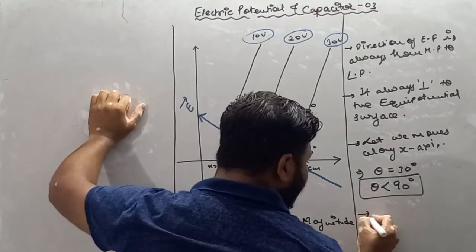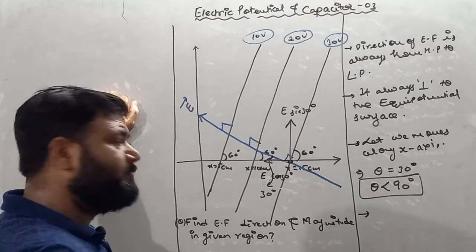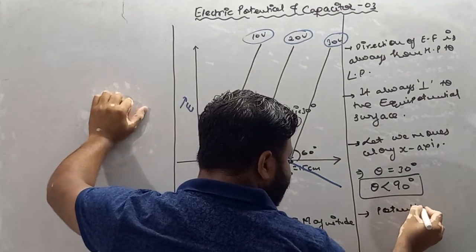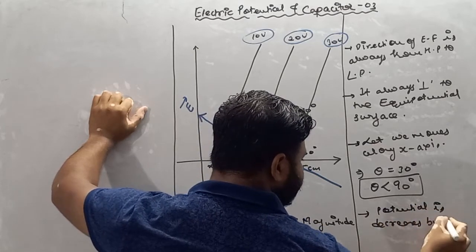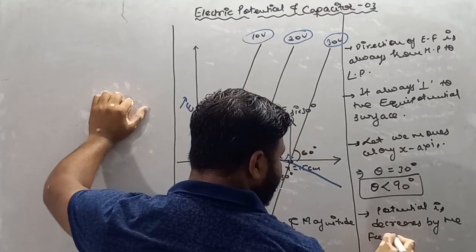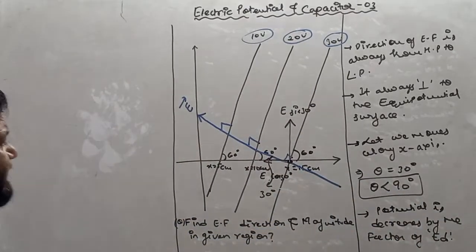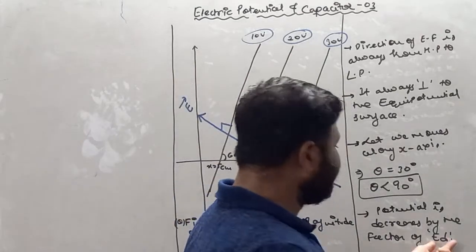We know that for all acute angles, the electric potential decreases by the factor E d. So I'll write: potential decreases by the factor of E d.